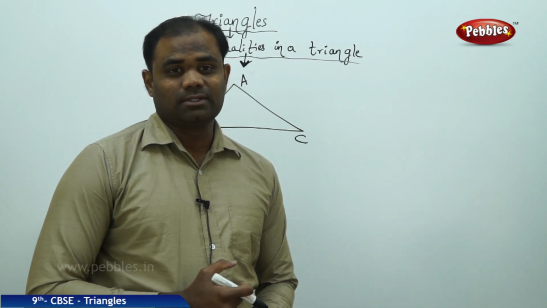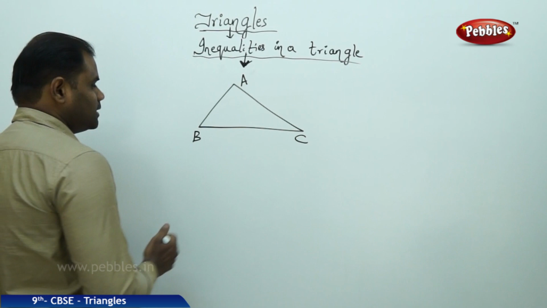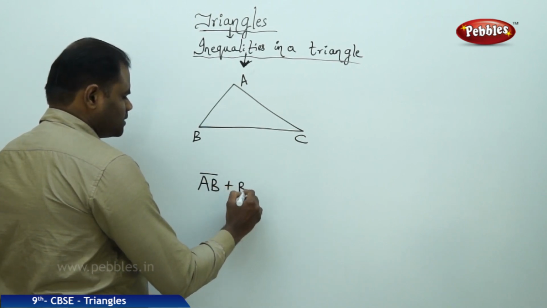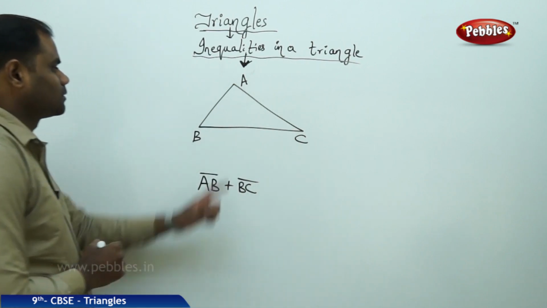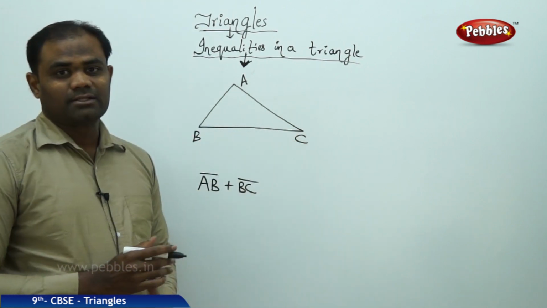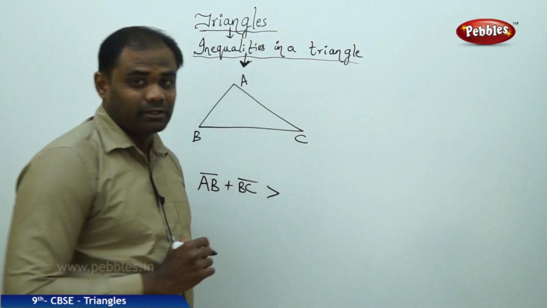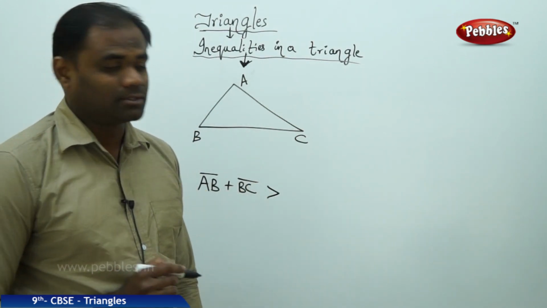Clearly, I can see that when I take AB and BC and add the two sides, then obviously it must be greater than, but can never even be equal to AC, the third side.